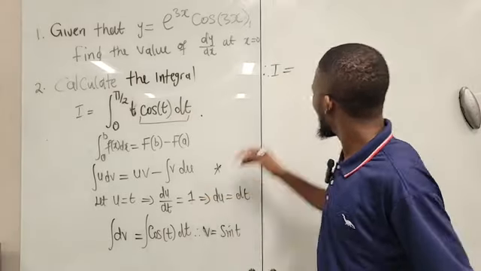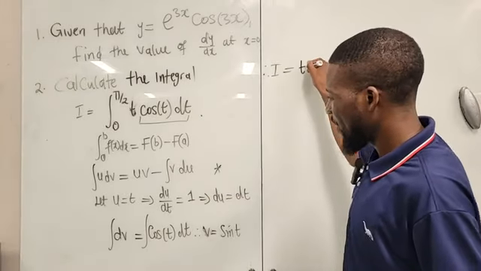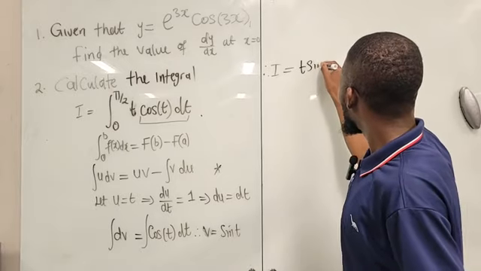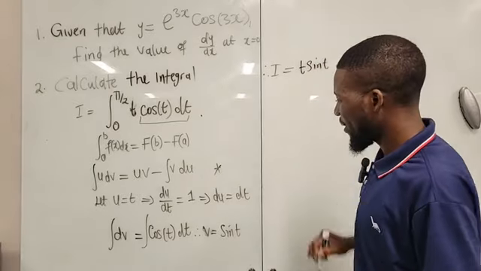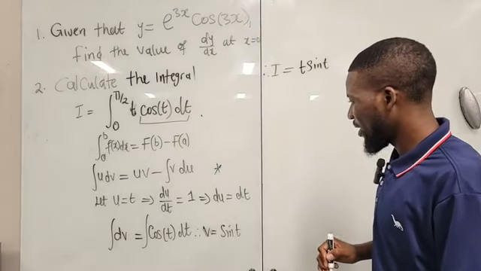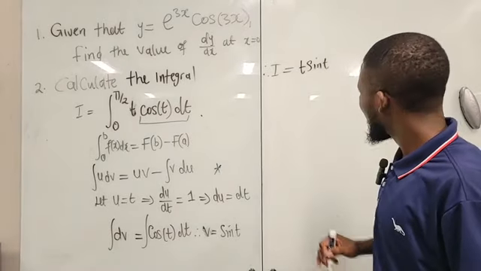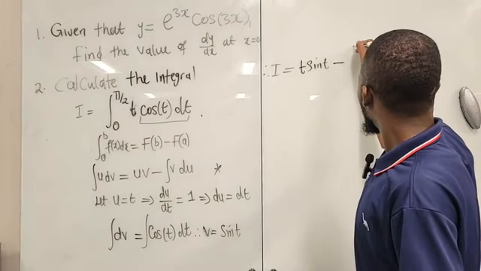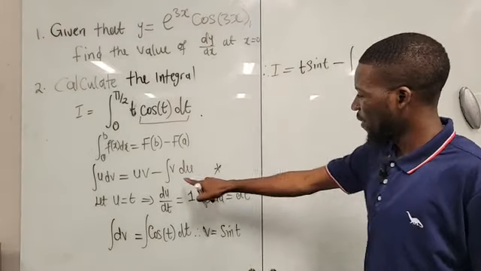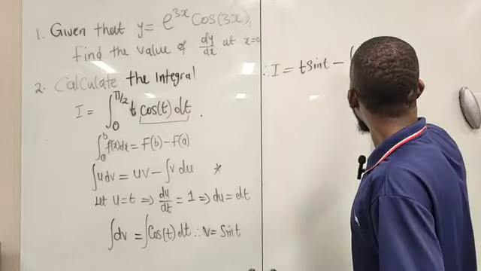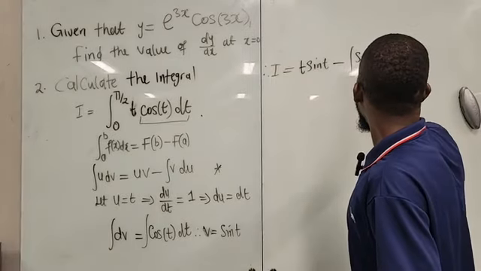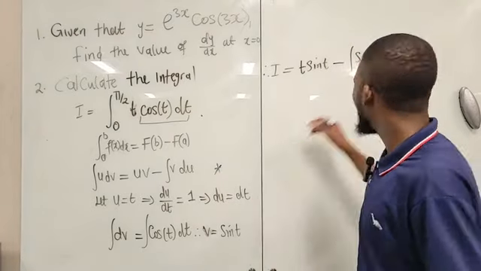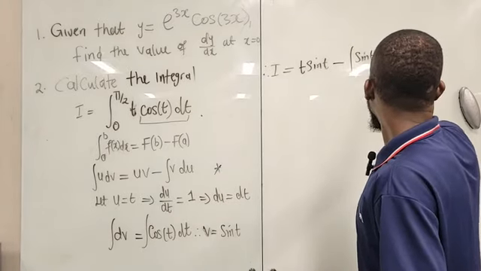Our u is t, so this will be t multiplied by v, which is sine t. Then the next thing is minus the integral of v, which is sine t, then du, but our du is dt. So this will be dt.